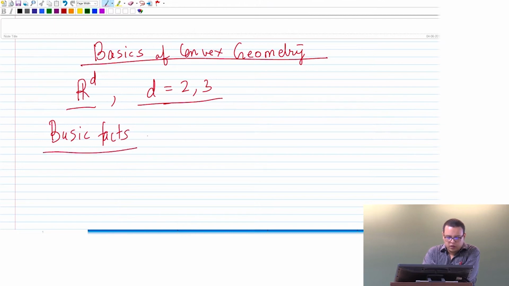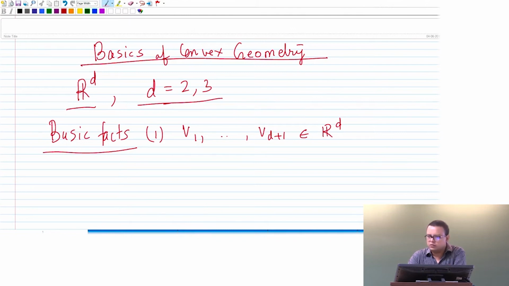Okay. First, okay. So if I give you, let's say, d plus 1 vectors all in R^d, okay, can they be linearly independent? No, right? Okay. So size of a basis is what in R^d? Basis of vectors will be d.